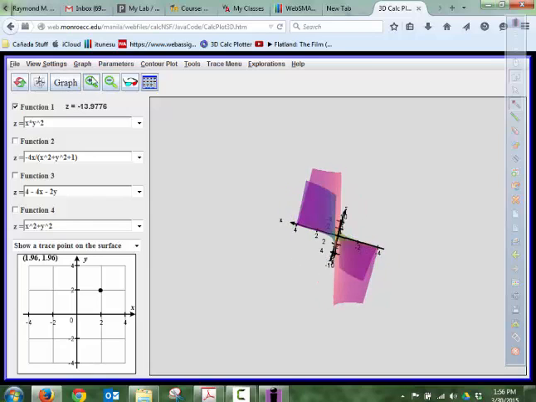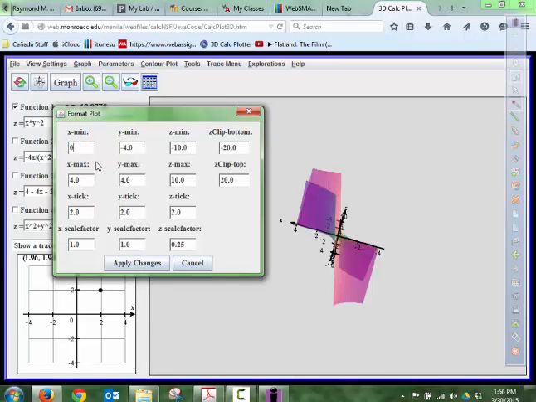We want to cut it at the domain, so I don't think I can cut a circle out of this, but if I just say I'm going to go from 0 to square root of 3, which is 1.73, and I probably didn't need to go all the way up.